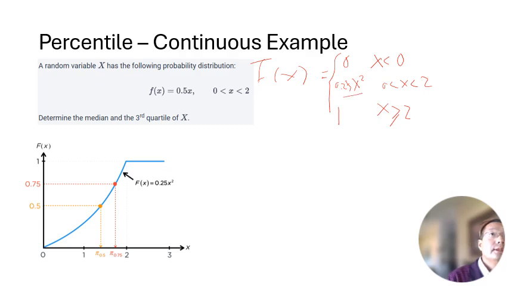Now with this, we can calculate. So first, F(pi_0.5) is equal to 0.5, which is equal to 0.25x squared. From there we can get x is equal to the square root of 2.